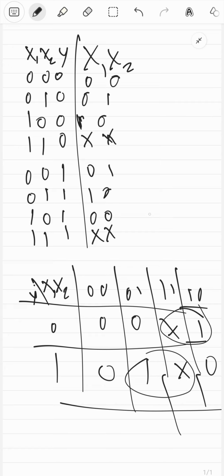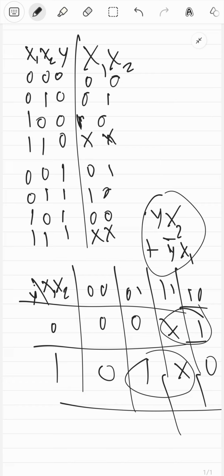So in this case it's y x2 and not y x1. Cool. So that's our x1's updated bit. Similarly you can get one for x2, so we'll get it for x2 as well.